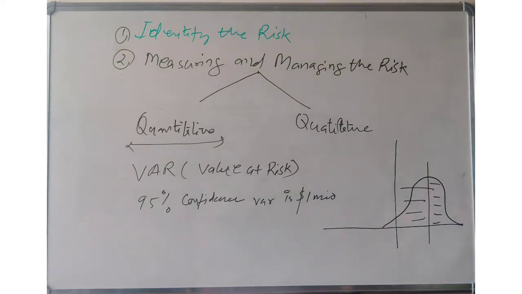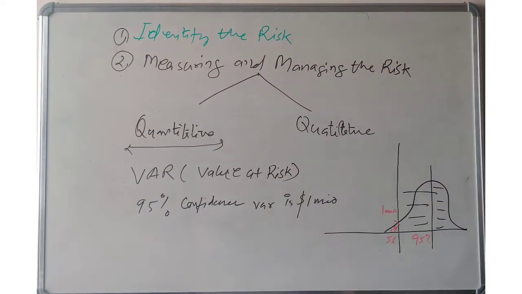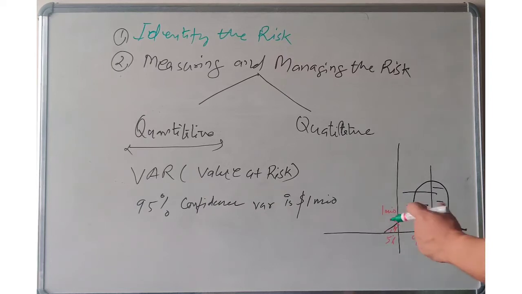This area is the 5%, and this area is 95%. Now this 5% area in the 1 year return of a company has the maximum loss of 1 million.